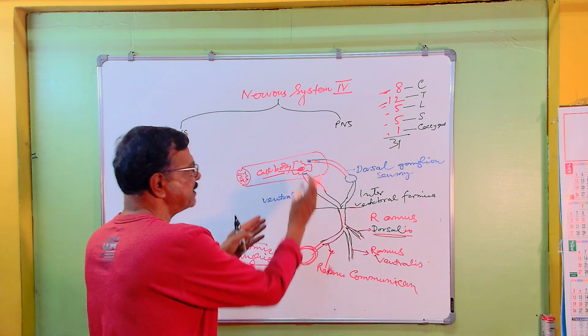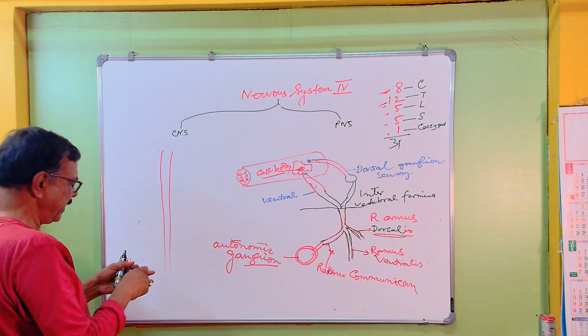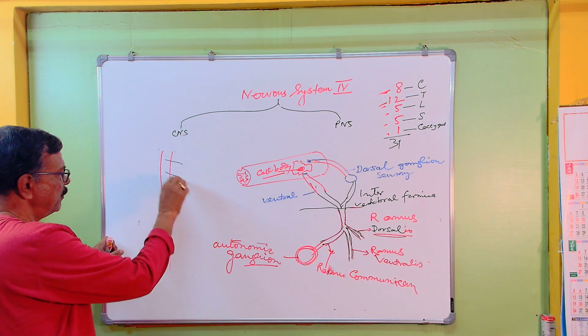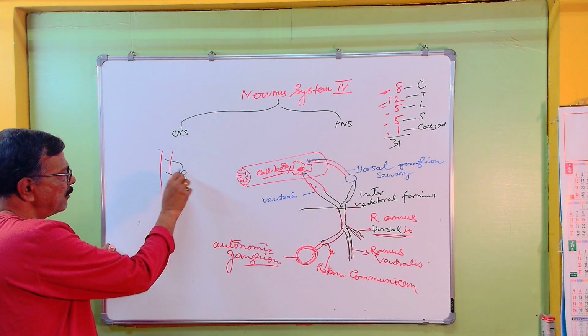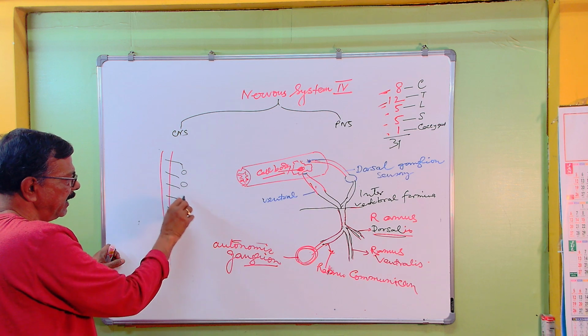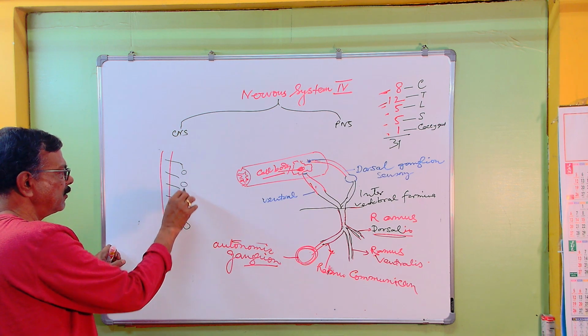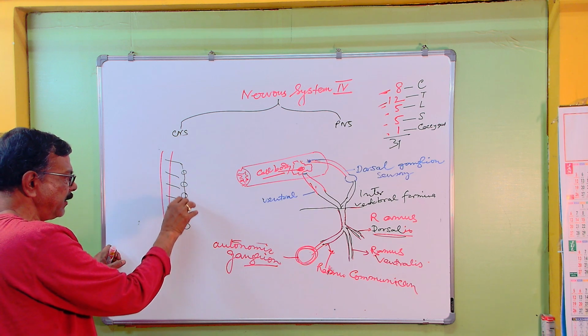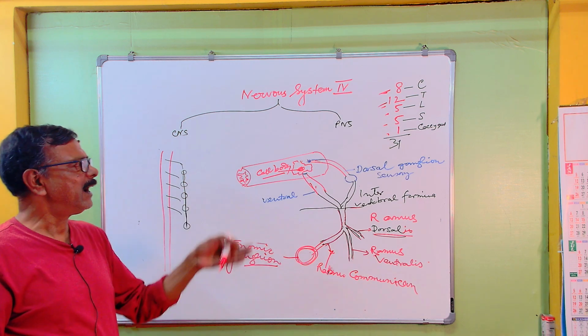There are autonomic ganglia along the spinal cord, and the spinal nerves go out like this, 30 pairs. These are all autonomic ganglia, and the ramus communicans joins there. This is actually the autonomic nervous system, which will come another day.